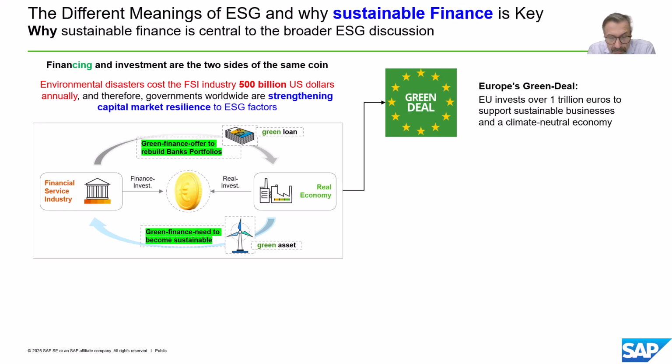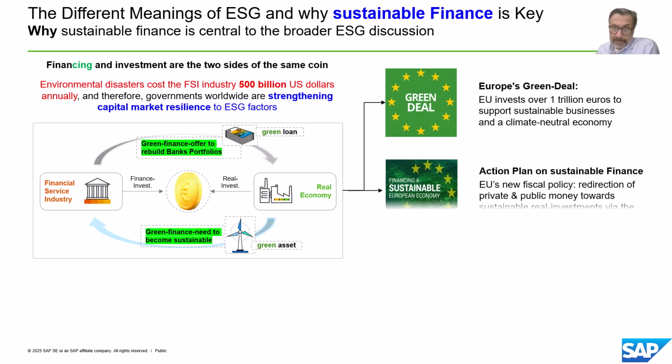The first initiative that is worth to mention here is Europe's Green Deal. The EU invests over 1 trillion euros to support sustainable businesses and a climate neutral economy based on money that will be provided in the next years via the financial service sector. The second initiative here is the Action Plan on Sustainable Finance.